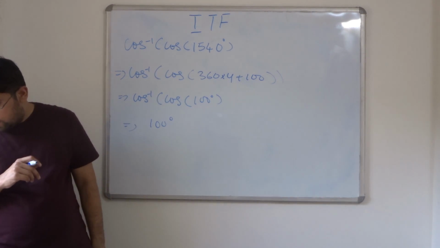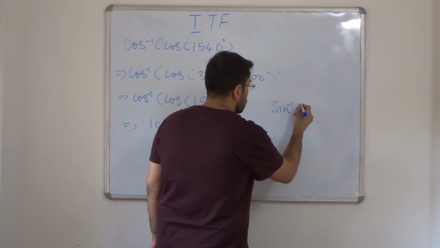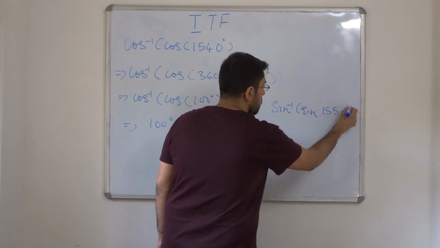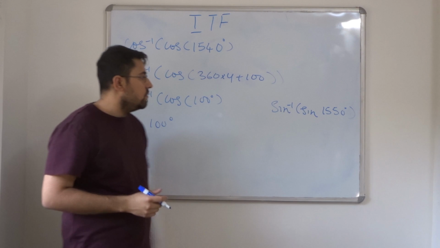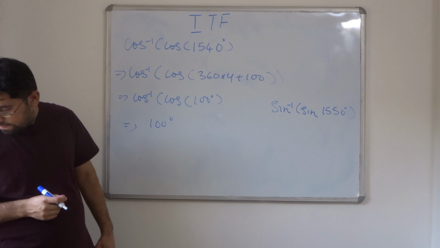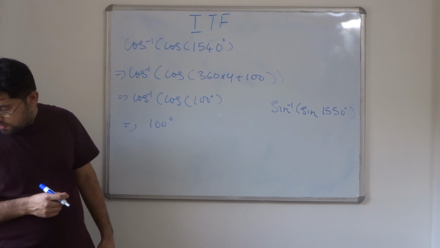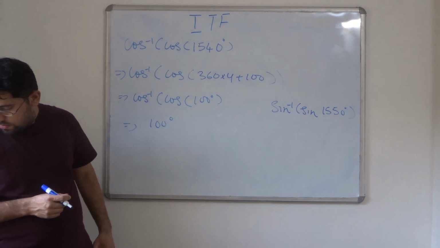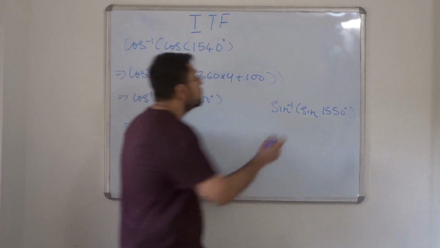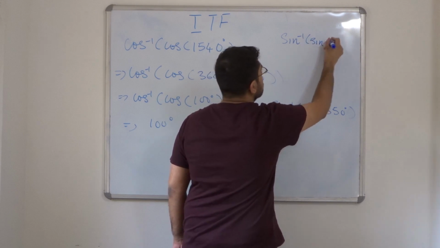Okay? So why don't you guys try this one? 1550. I want you guys to try this one. And then I want you guys to try this: negative sine 600.